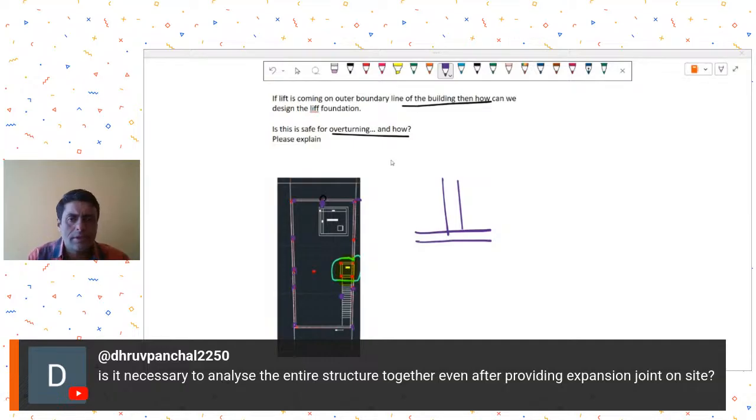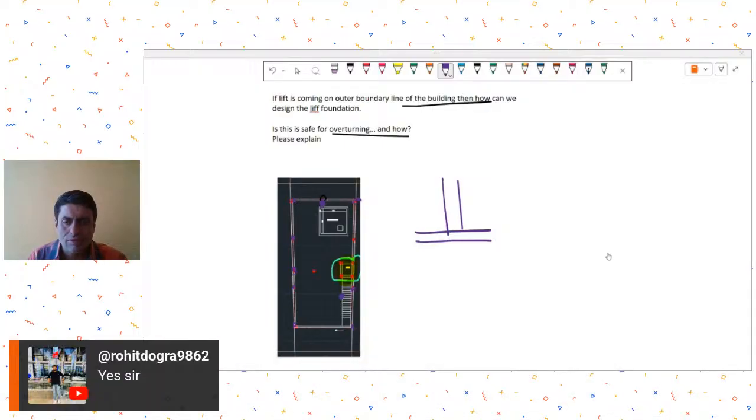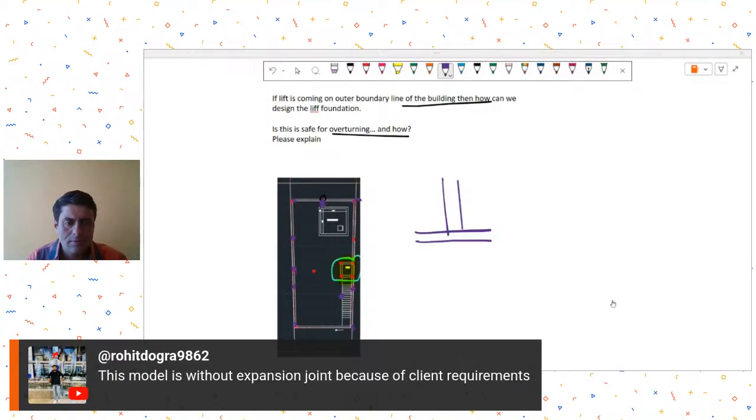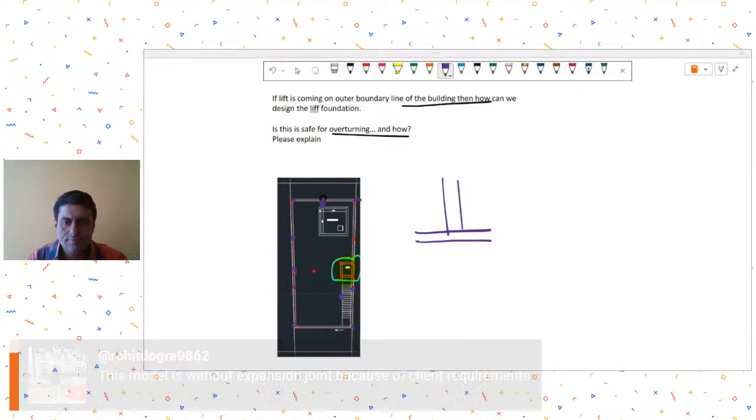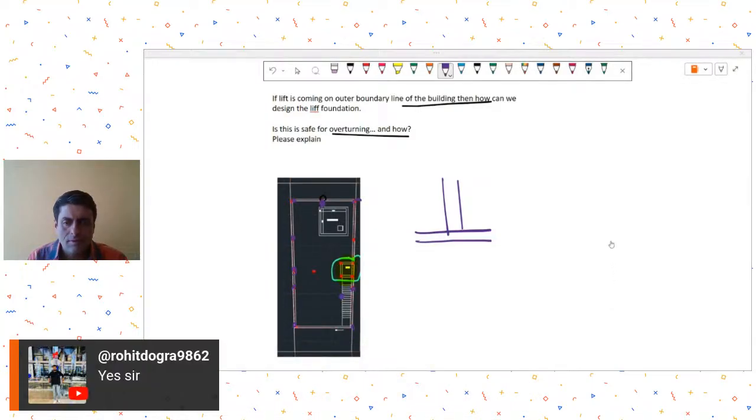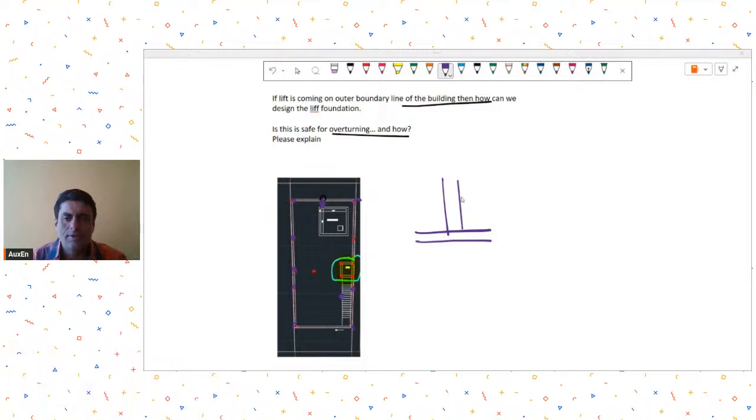That is not very clear to me whether this is a raft. Assuming this is a raft, let's say.